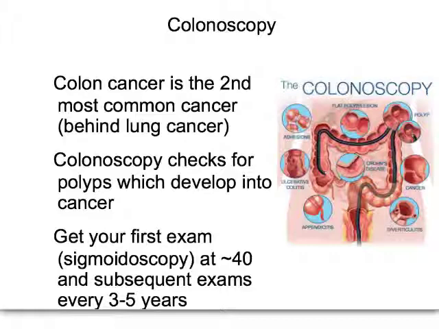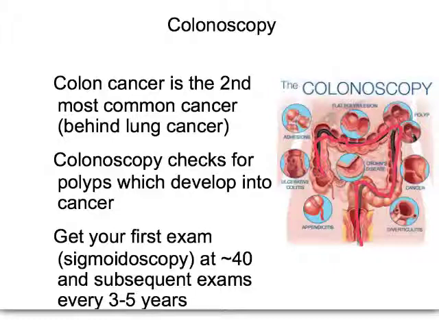Basically, it is a long little tube with a camera and a light at the end, and doctors will feed it up your butt and through your large intestines, looking for little polyps or cancer cells, and anything else that might have gone wrong in the colon.